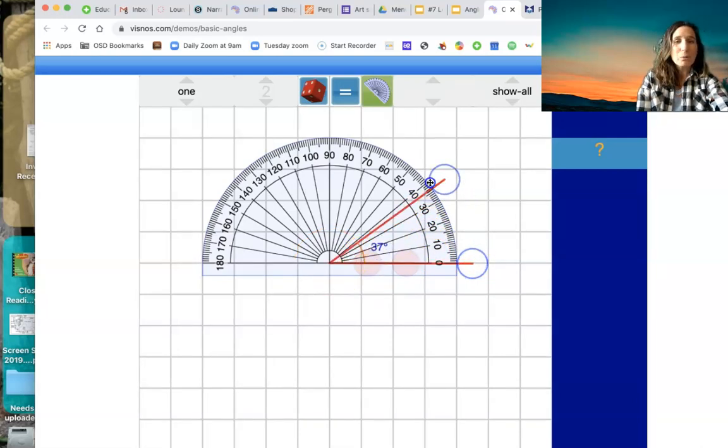So our square, we put in the corner and we went up to a 90-degree angle, right? That was our right angle. Let's think about our trapezoid that had an obtuse angle of 120 degrees. If we put it inside of this protractor with the center right here, we'd be able to measure a 120-degree angle inside the protractor.